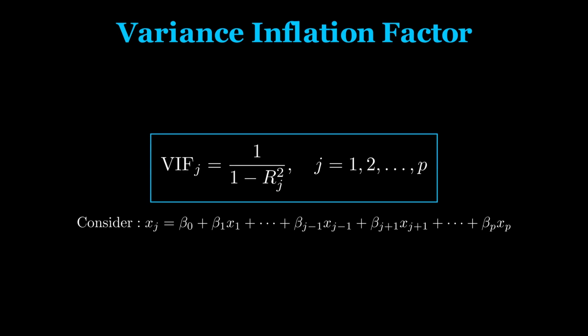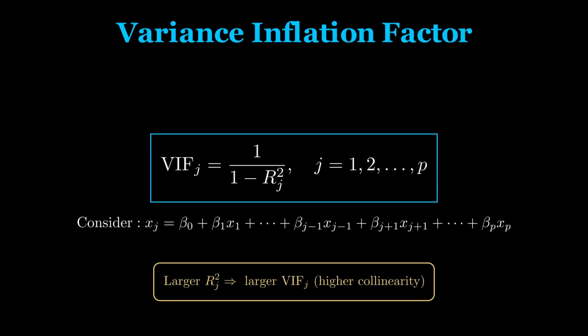Let r² sub j be the coefficient of determination from that regression. The VIF for xj is then defined as 1 divided by 1 minus r² sub j. A larger r² sub j results in a larger VIF sub j, indicating greater collinearity between xj and the other predictors.